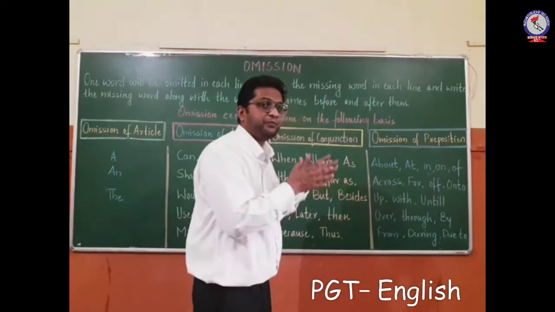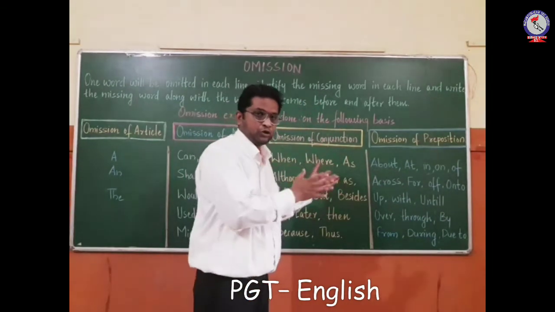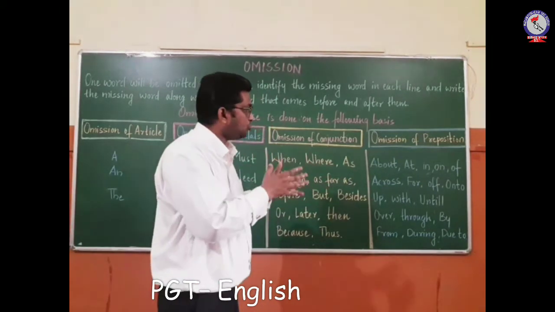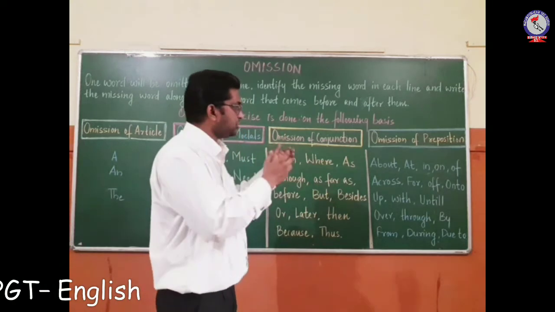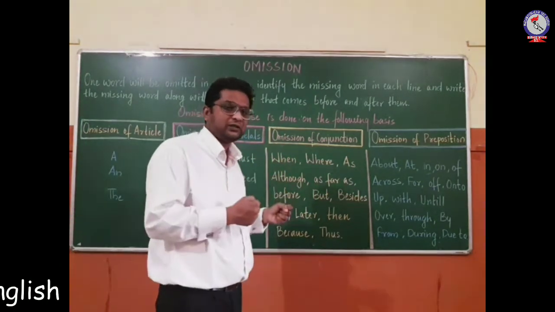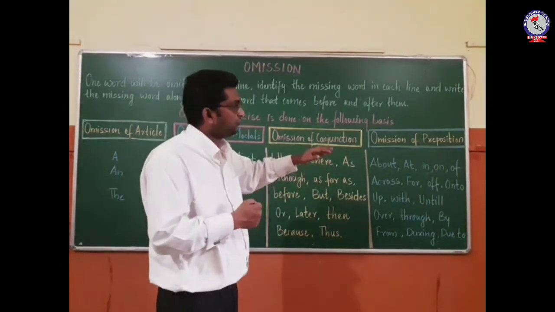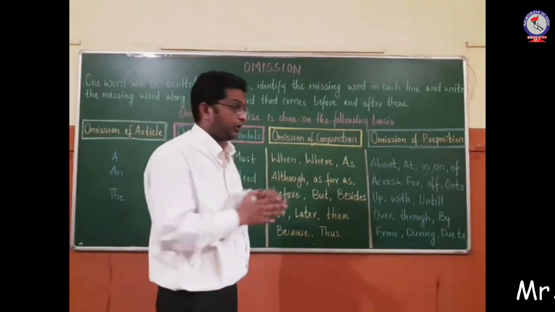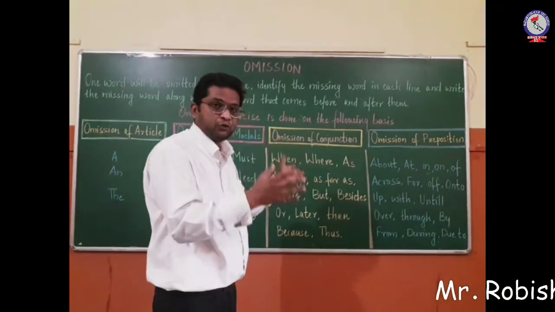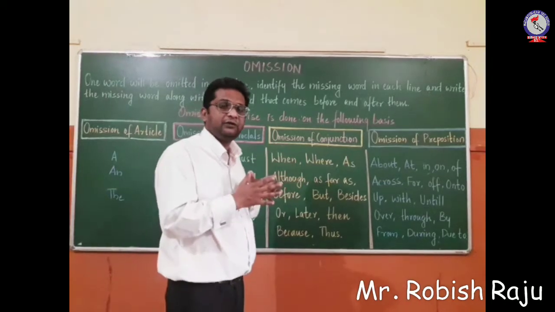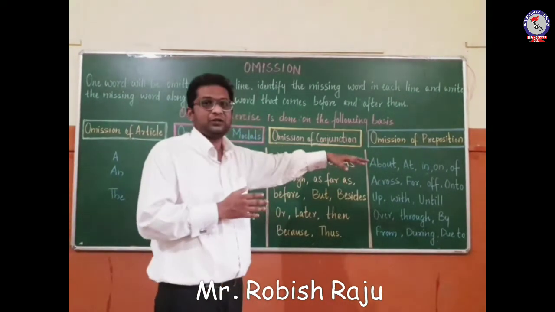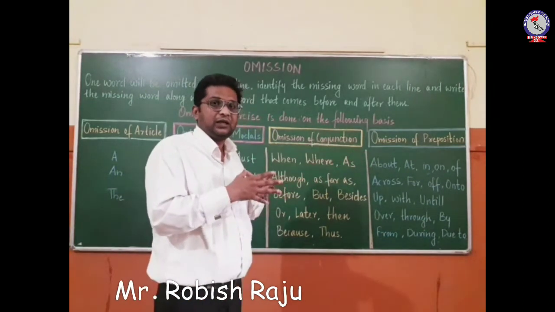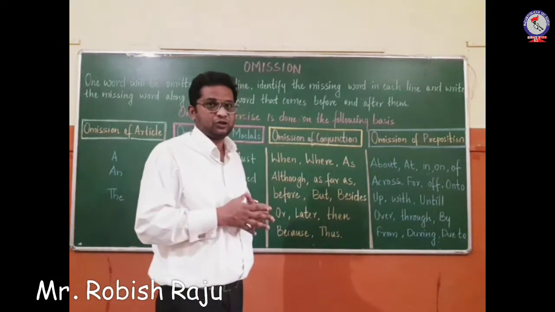These are the prepositions, the words that show us the relationship between the things. So we must be well acquainted and familiar with the utility or the usage of preposition. Then only we will be able to identify which preposition is missing in a sentence.